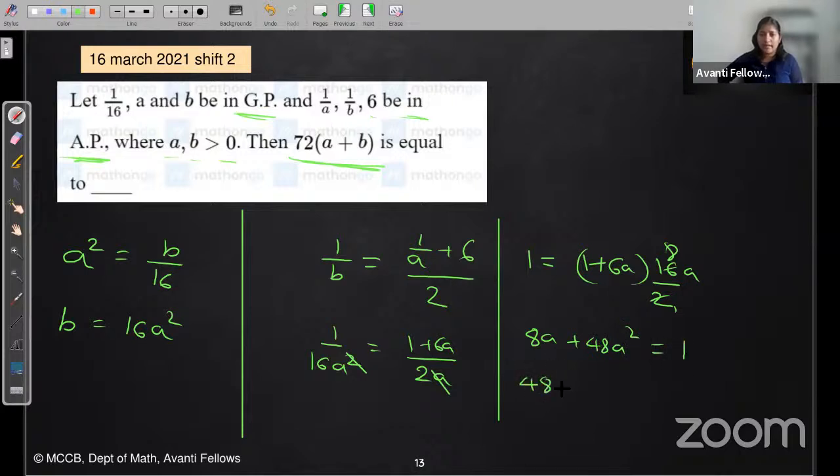Take all the terms on one side. This is the value you're going to get. Now tell me the roots of this equation. Answer me in the chat box.